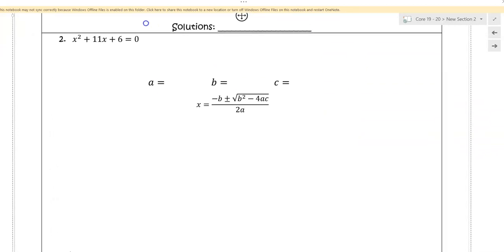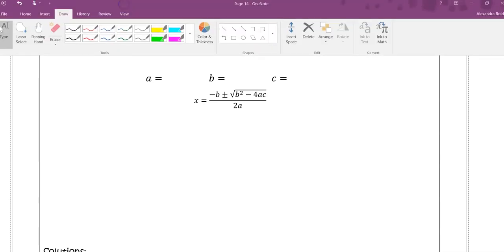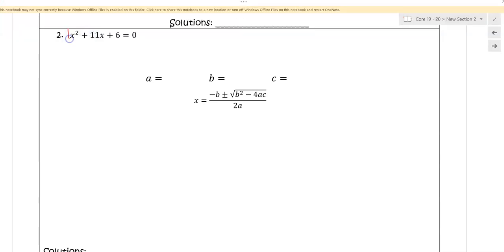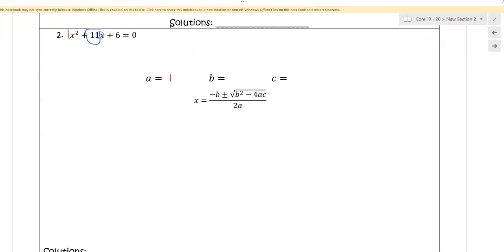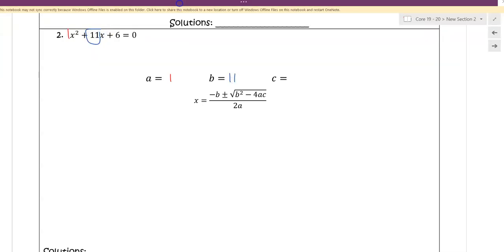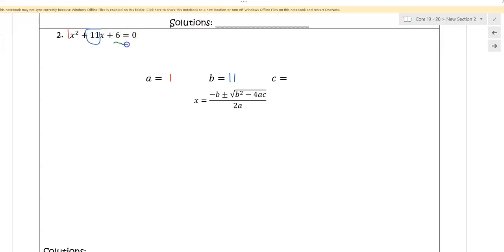So we have x squared plus 11x plus 6. Our a is in front of x squared, and it's just 1. Our b is then 11, and our c is positive 6.